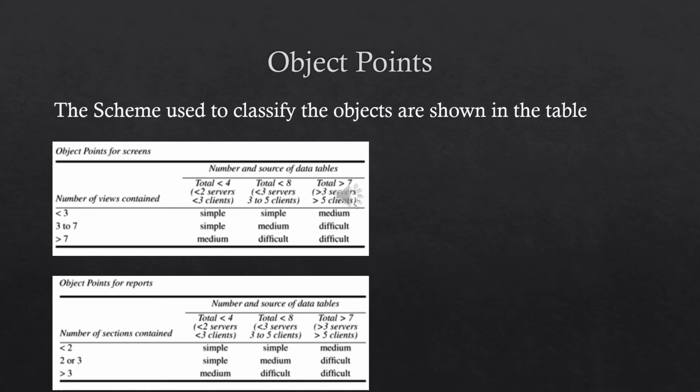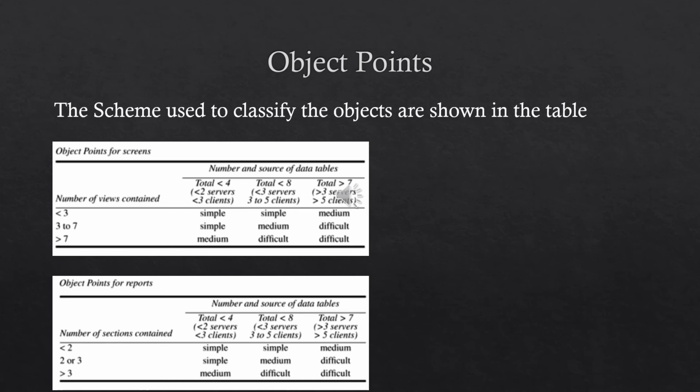Here also we can define certain if-then rules. If the number of sections contained is less than 2 and the total number and source of data tables is less than 4. Out of that 4, the server is less than 2 and client is less than 3.